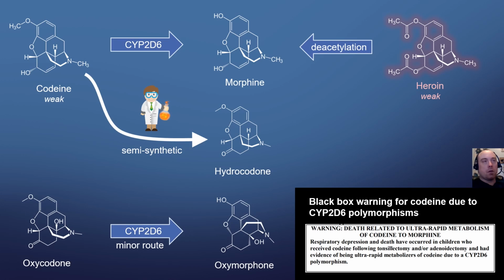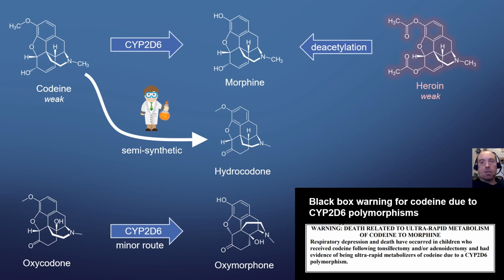Oxycodone is also synthetic. That is metabolized by CYP2D6, but that's quite a minor route. So it is active on its own, but it does get metabolized into oxymorphone, which actually is a medication. Oxymorphone is probably not used as often as some of the other ones, but it does come from oxycodone metabolism, like I said.